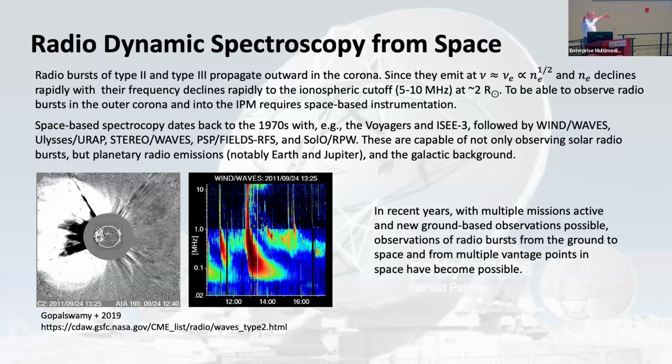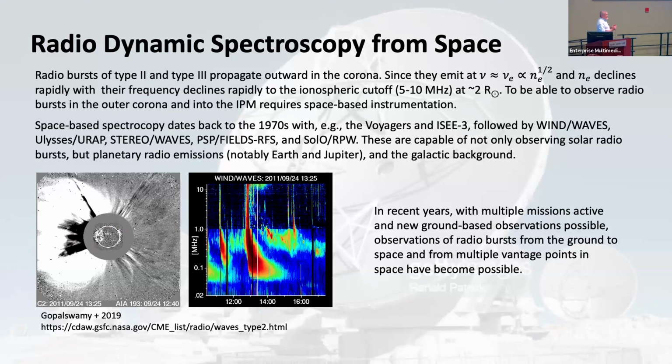Kilohertz is kilometer wavelengths. This example is from a catalog of Gopalswamy and colleagues showing type 3s, sweeping from the corona out into the interplanetary medium, and the associated type 2 that is connected to this fast CME.